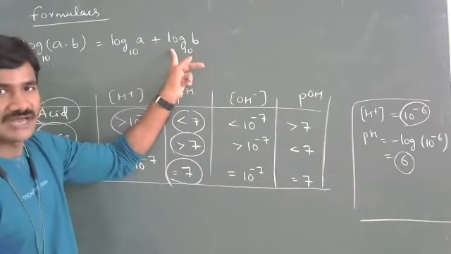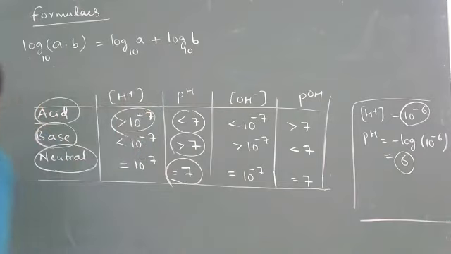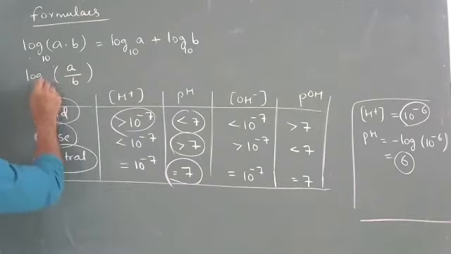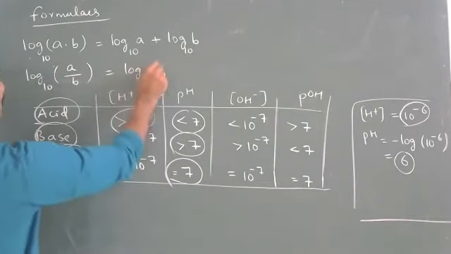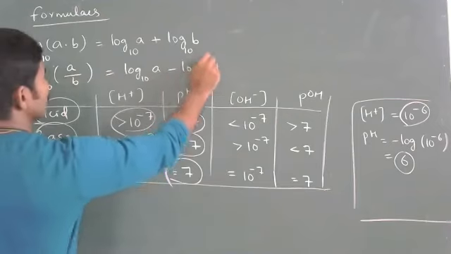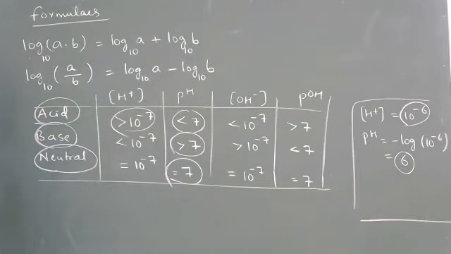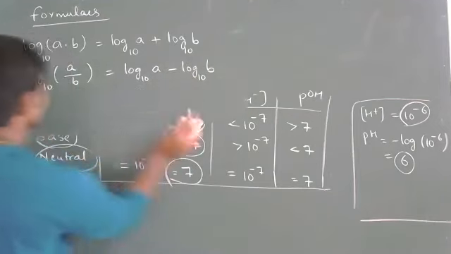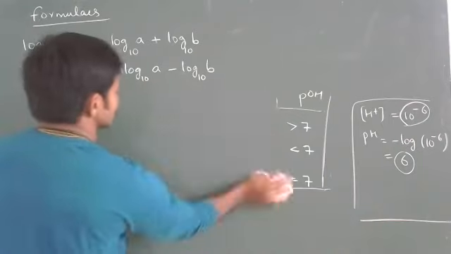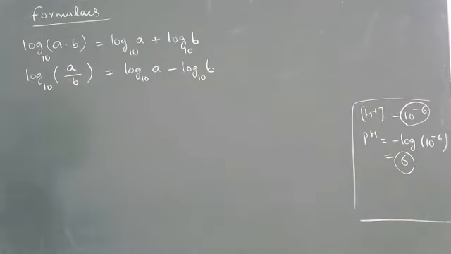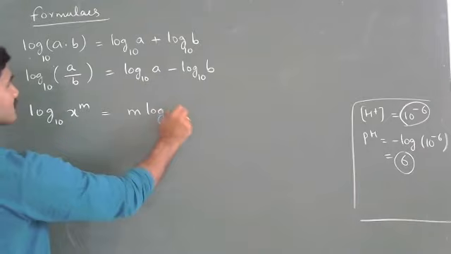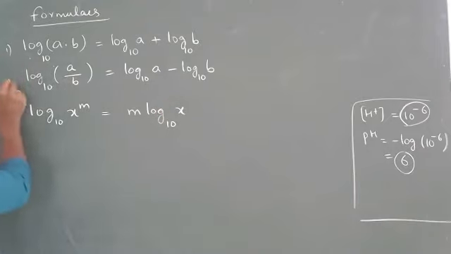Next, log A by B base 10 is equal to log A minus log B. Log x power m is equal to m log x. So these are the formulas.